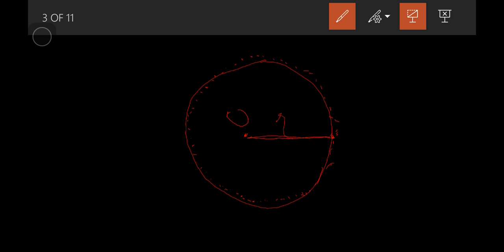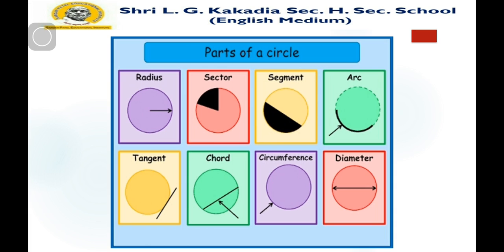And also we know that twice the radius is known as the diameter. Such things we have studied in standard 9. In that way, let us understand some parts.